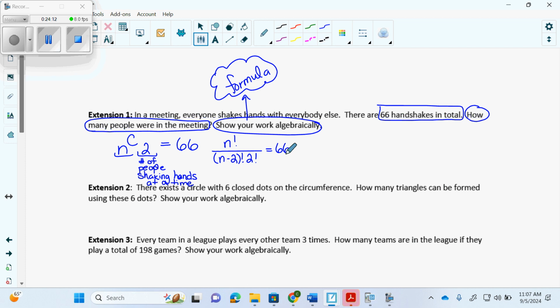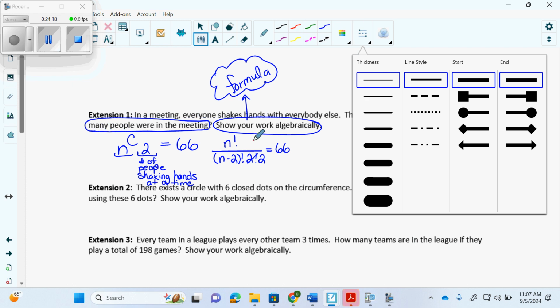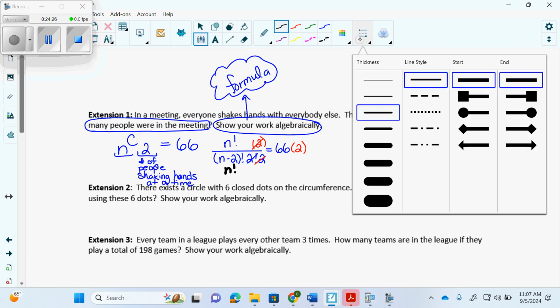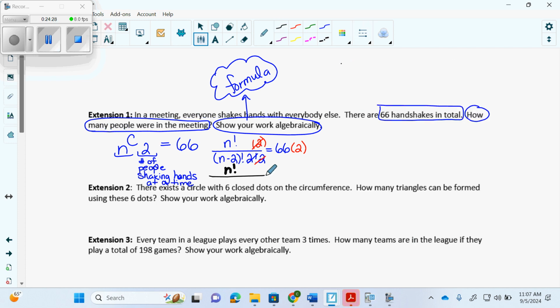What is 2 factorial? It's just 2. Times by 2. So I'm going to multiply this side by 2, and that's gone. Multiply this side by 2, and I get N factorial over N minus 2 factorial equals 132.